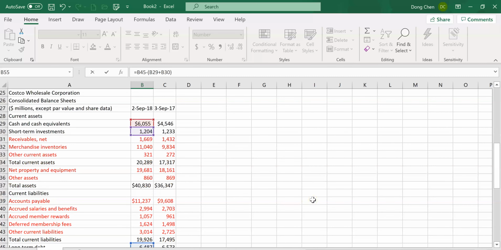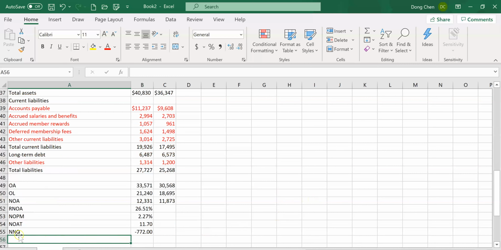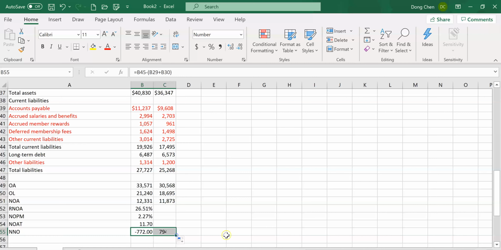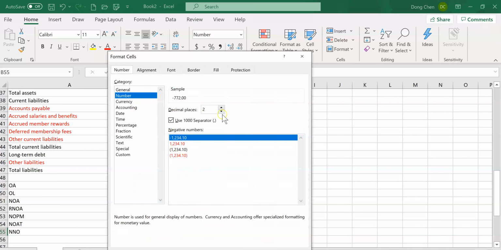And this is the so-called NNO, net non-operating obligations. It's the difference between the summation of the non-operating liabilities and the summation of the non-operating assets. Then we can pull the cell to the other year. In this case, we don't have to keep any decimal place.